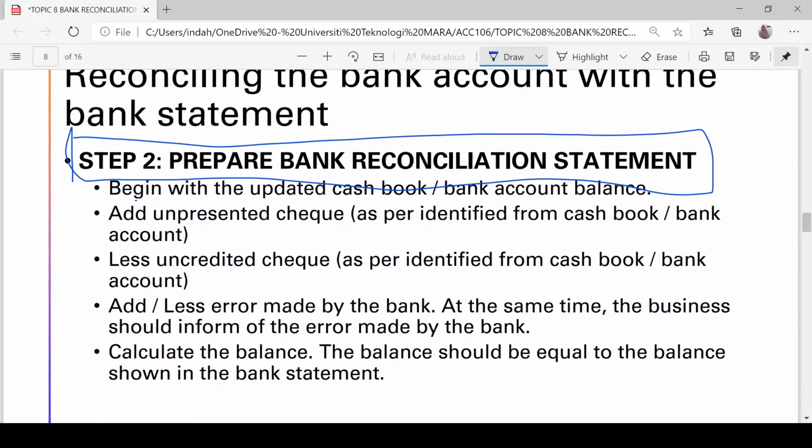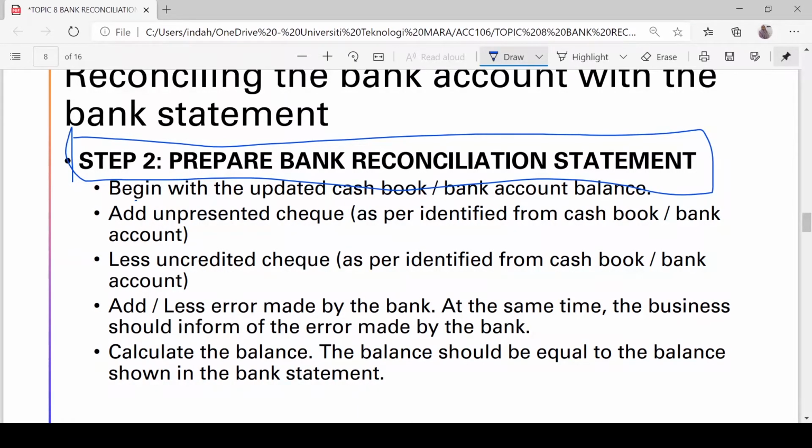We have recorded it in our cash book, but it does not appear in the bank statement. Whatever item we deducted when we calculated the closing balance for the bank account, we add in the bank reconciliation statement.